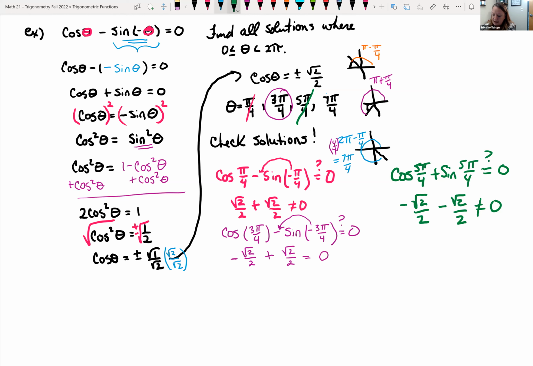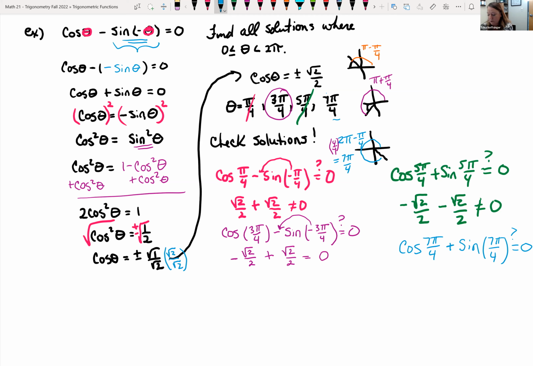And then the last case, checking 7 pi fourths. So if we look at cosine of 7 pi fourths minus sine of negative 7 pi fourths, minus negative, so plus sine of 7 pi fourths, does this equal 0?